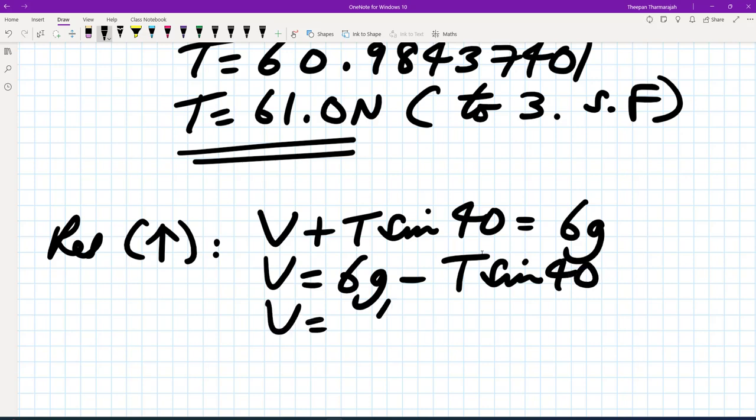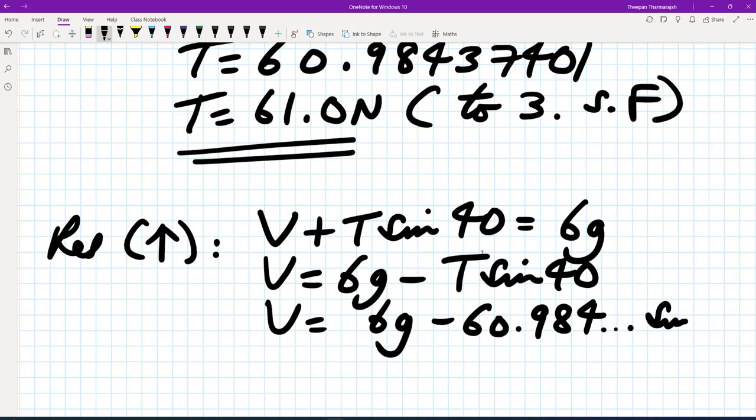Therefore V is 6g minus 60.984 and so on, times sine 40. We're going to write the true value out here. So that's 6 times 9.8 minus 60.98437401 times sine 40. And that gives me exactly 19.6.